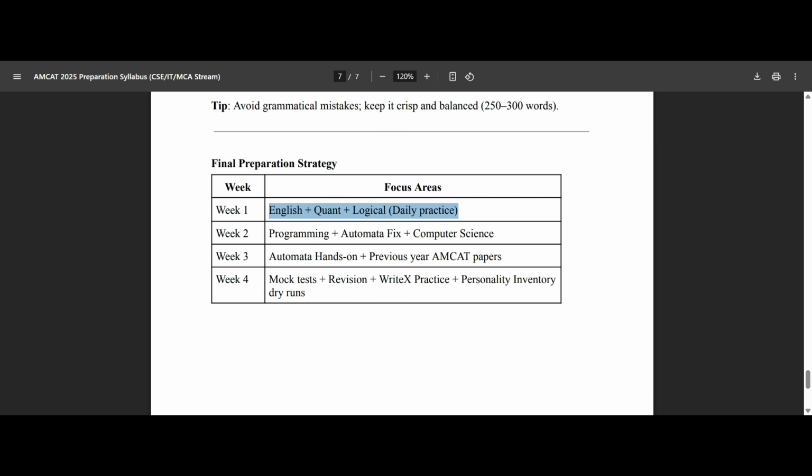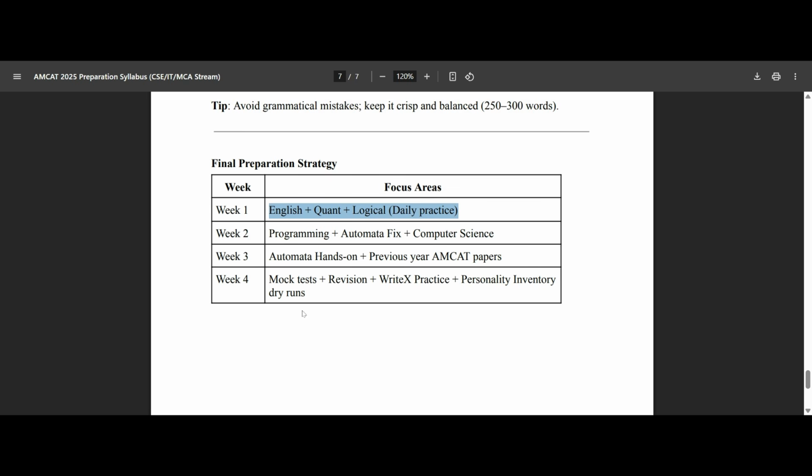Then next week we have programming, automata fix, and computer science. Third week we have automata hands-on and previous year AMCAT papers. And finally, mock tests, revision, write-text, and personality inventory dry runs.